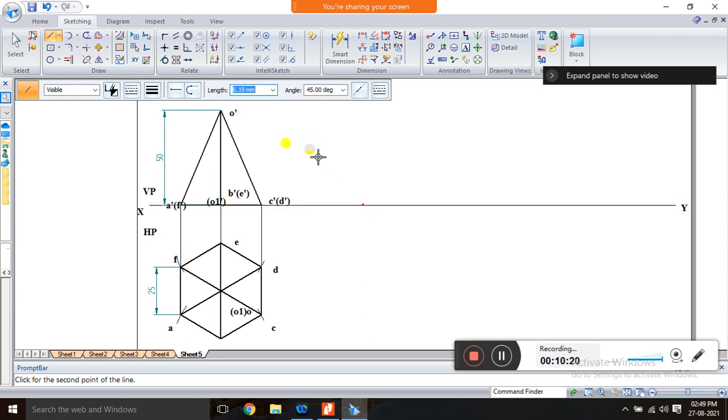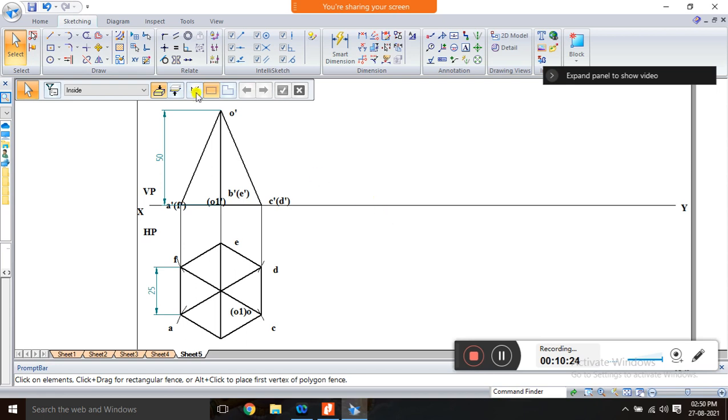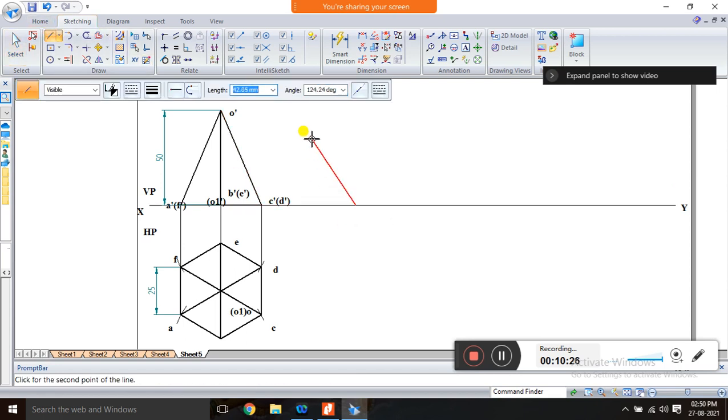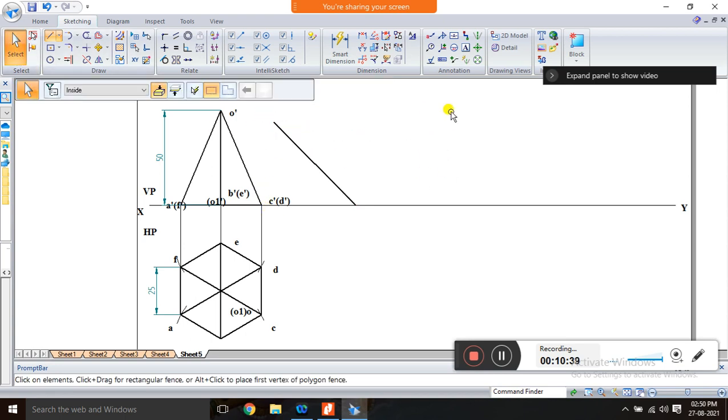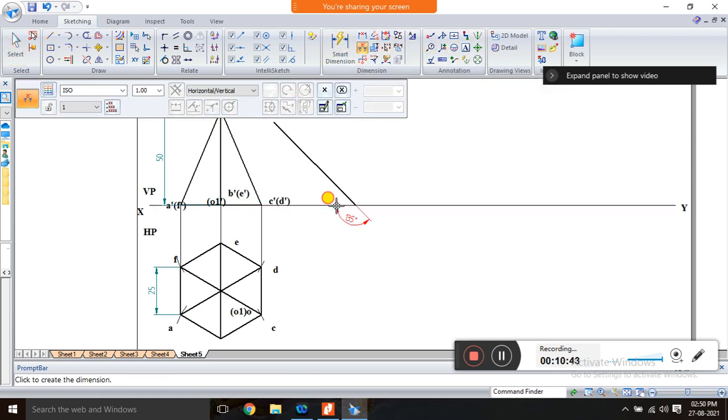So from here, 90 degree plus 45, and we don't know the length, just draw it. So just cross verify, this angle should be 45.